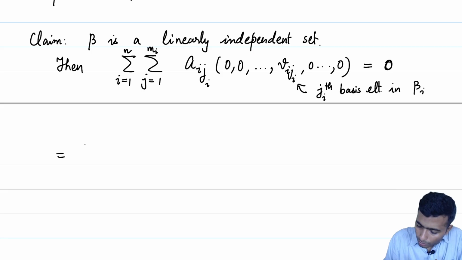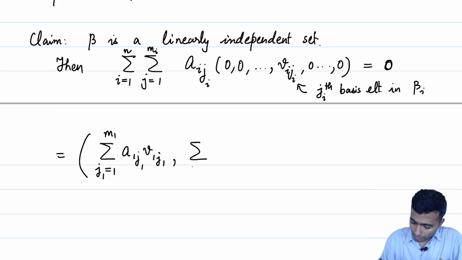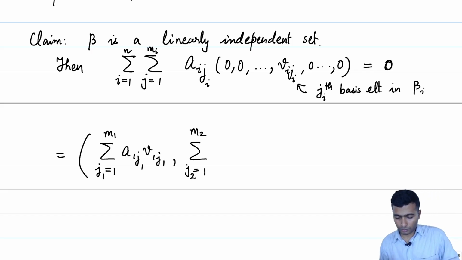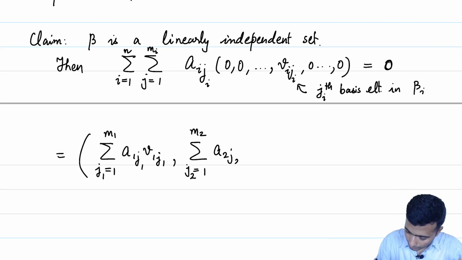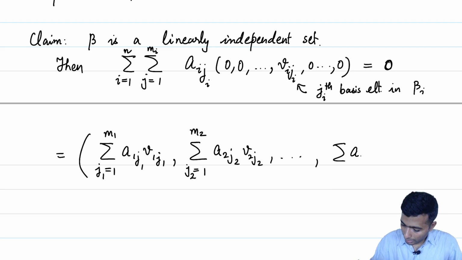This is equal to summation j1 going from 1 to m1 of a1 j1 v1 j1, summation j2 going from 1 to m2 of a2 j2 v2 j2, and so on, summation jn going from 1 to mn of an jn vn jn.